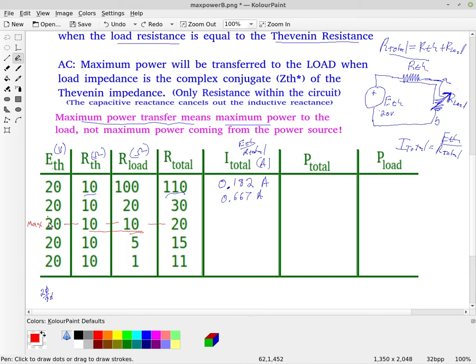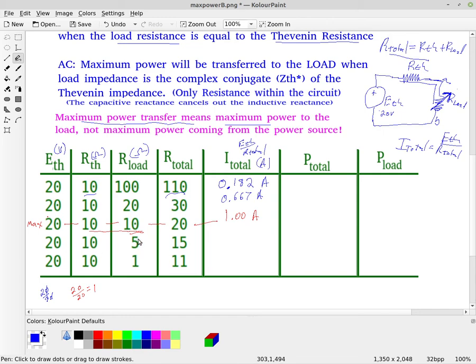So 20 divided by 20 is simply equal to 1, which gives me 1 ampere at this predicted maximum power level.